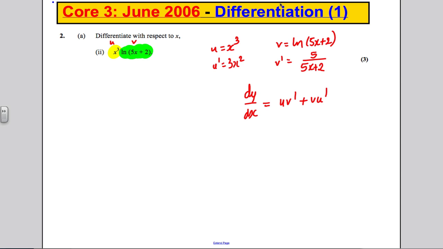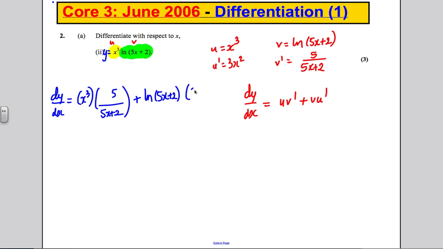And so substituting in, if this was our y is equal to this, then dy by dx must be equal to uv dash, so x cubed, v dash is 5 over 5x plus 2, plus vu dash, so plus ln of 5x plus 2 multiplied by u dash, which is 3x squared.